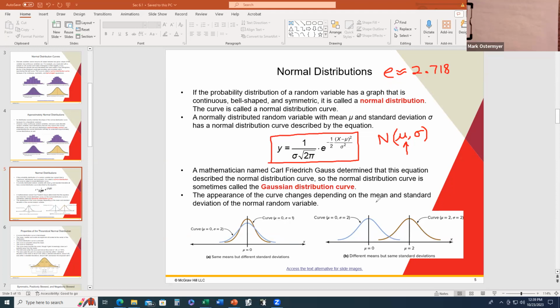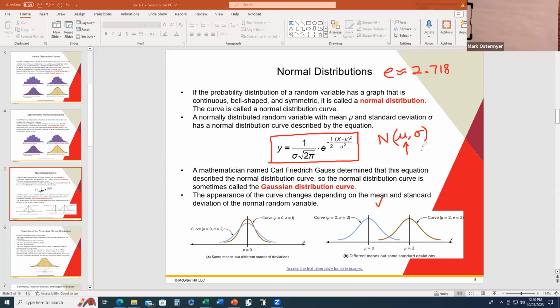For instance, if you look at this diagram to the right here, a normal distribution with a mean of 0 would be further to the left on the x-axis compared to a normal distribution with a mean of 2. All right. So the mean basically just determines where on the x-axis the normal distribution sets up.